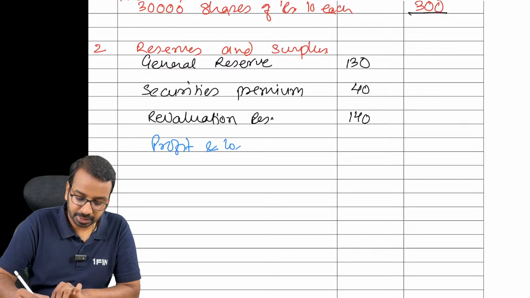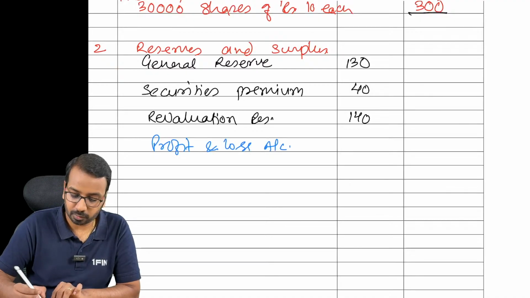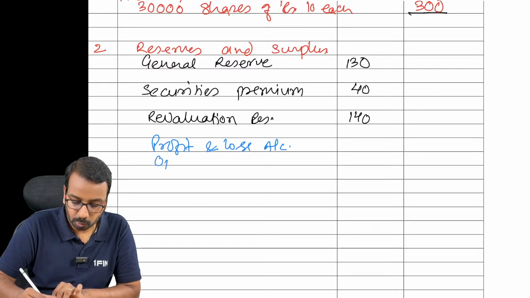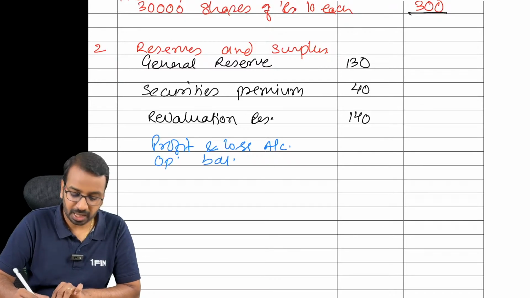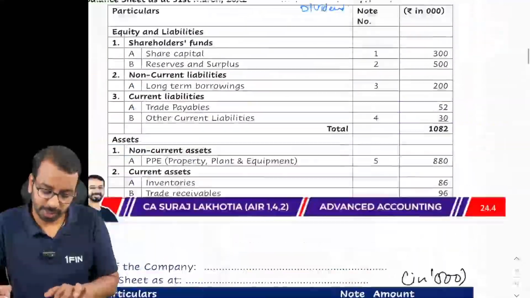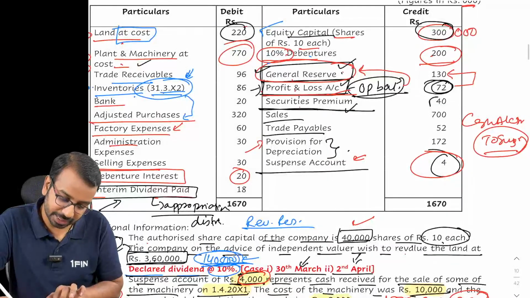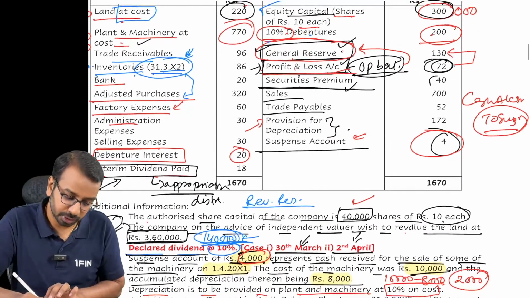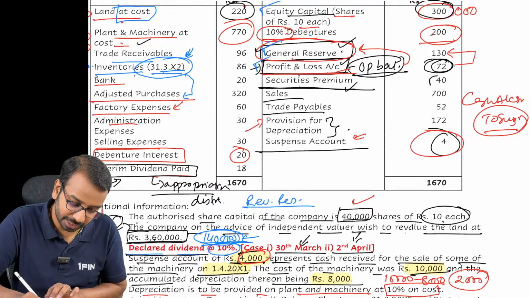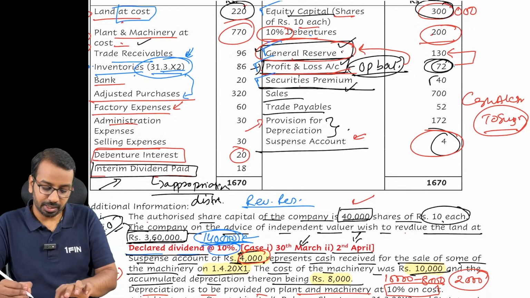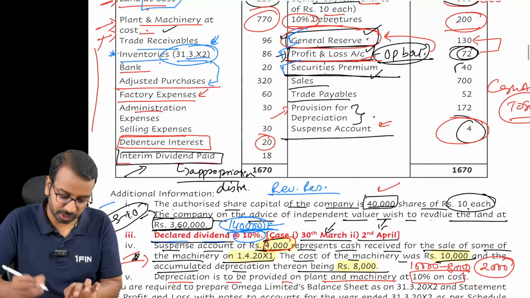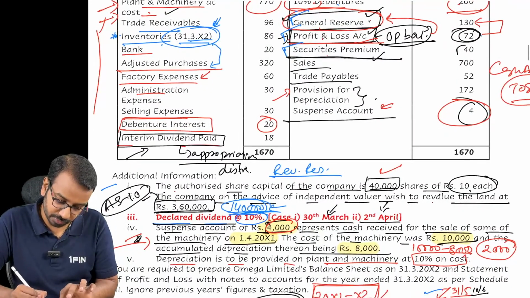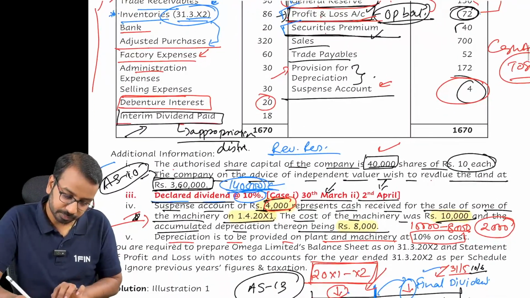Profit and loss account, opening balance. How much is the opening balance? They have given it to be 72. So general reserve is done, P&L is done, securities premium is done, and on this revaluation, the balance sheet impact is, where is the revaluation? Here.